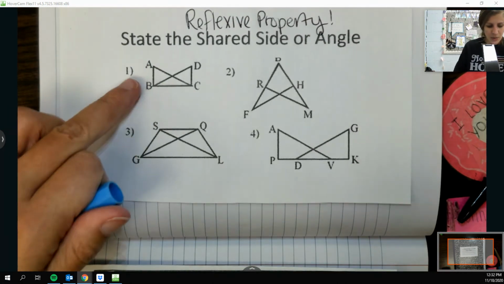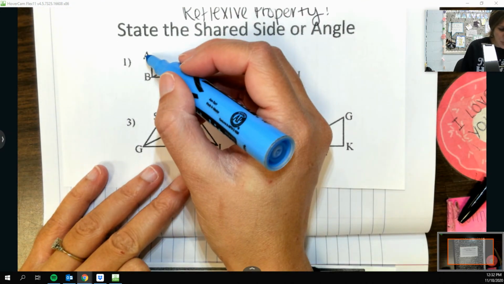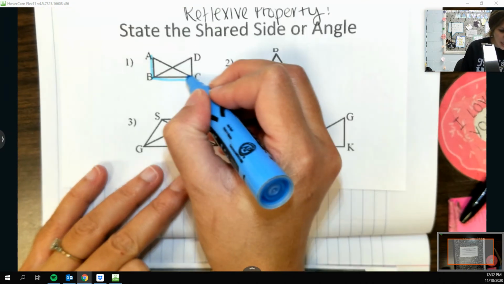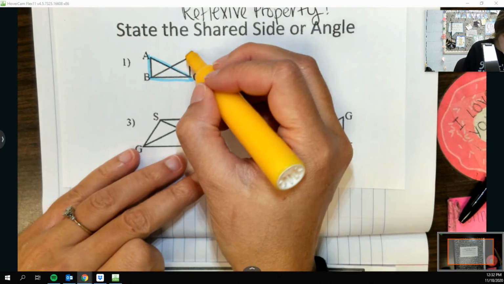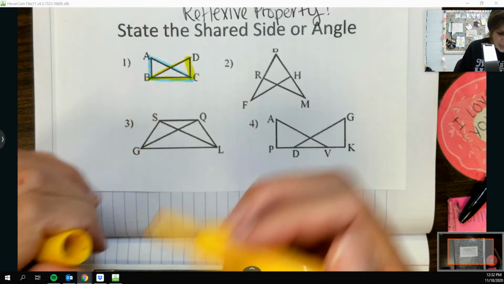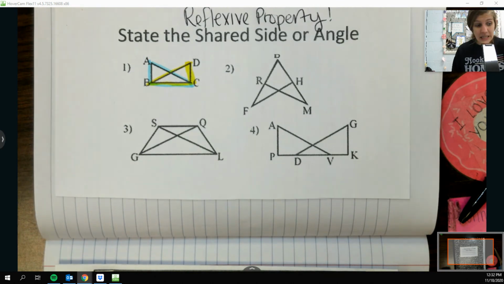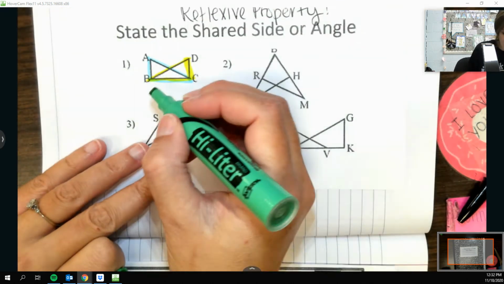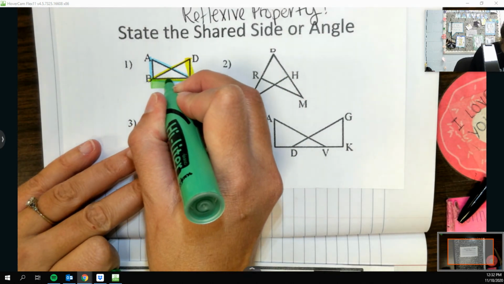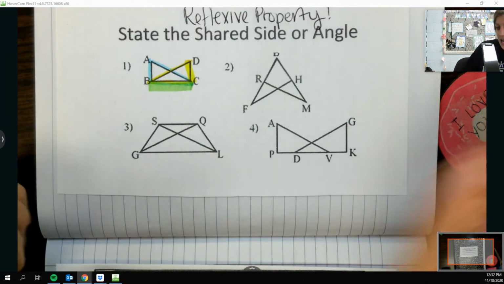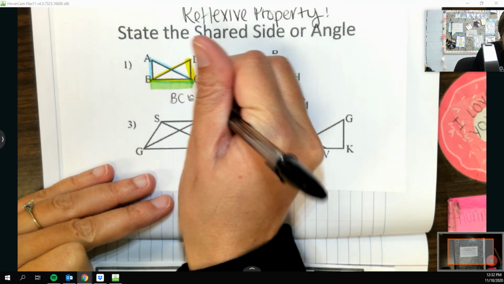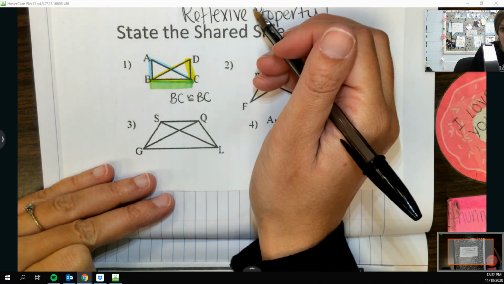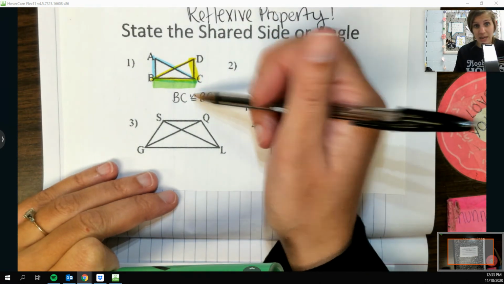So in number 1 here, if I take a look at this triangle here and this triangle here, they are completely sharing side BC. And so I would say BC is congruent to BC by the reflexive property because it's in my picture.